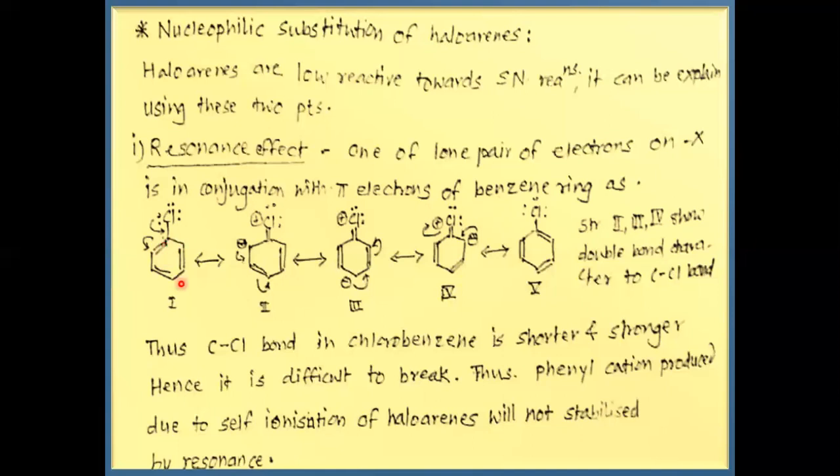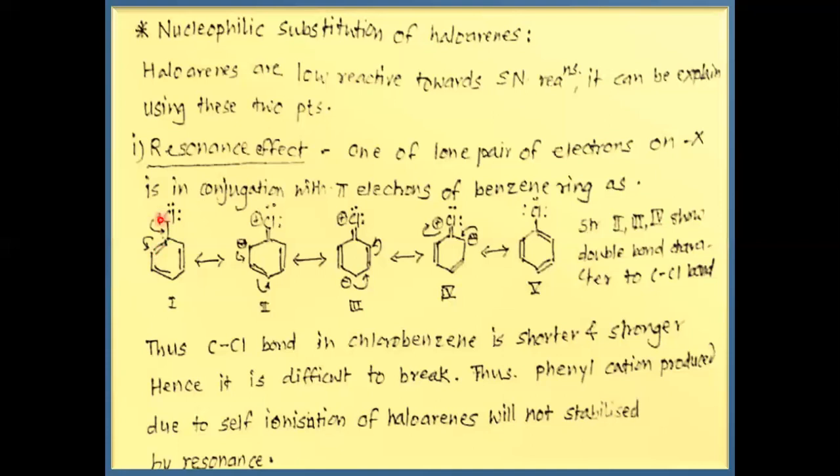See, single, double, single, double, single, double. So there is a conjugation system, or these are also called pi electrons. These pi electrons can be delocalized. Here only pi electrons are considered because the electrons of sigma bonds are localized, stable, stationary, not movable. So here alternate double bonds means alternate pi bonds.